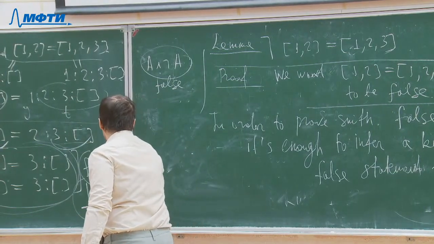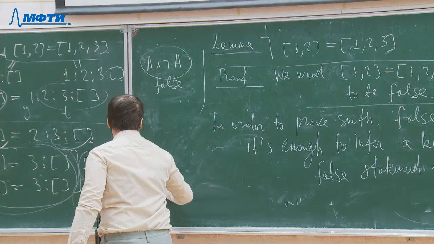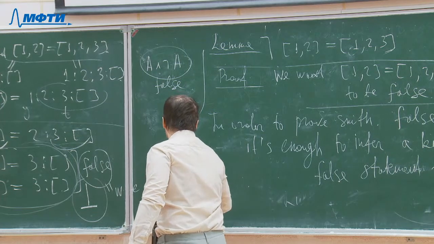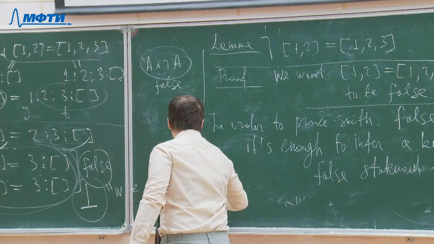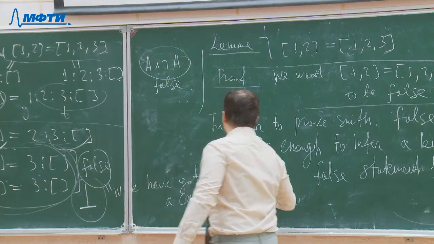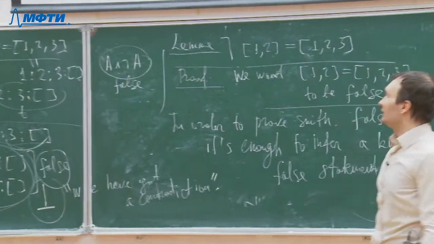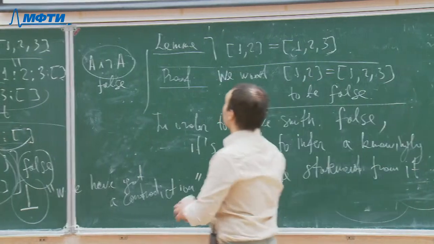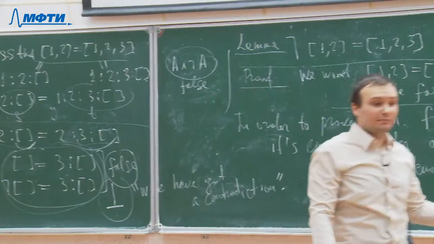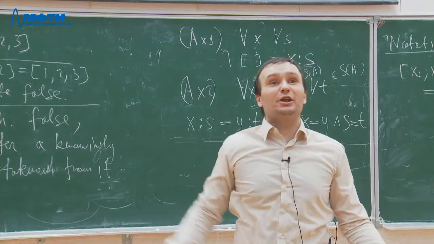That means that we have got a contradiction. Contradiction is a knowingly false statement. From assuming this equation, we have got a contradiction. Hence, the equation was false and its negation was true.